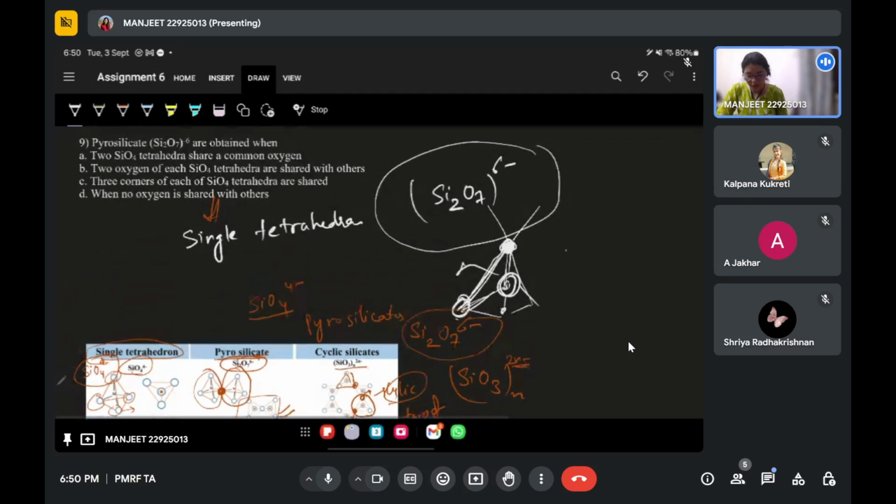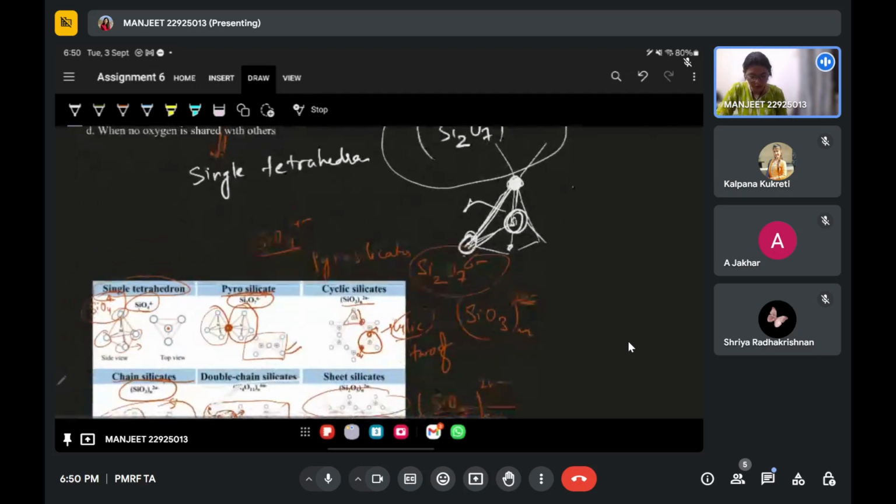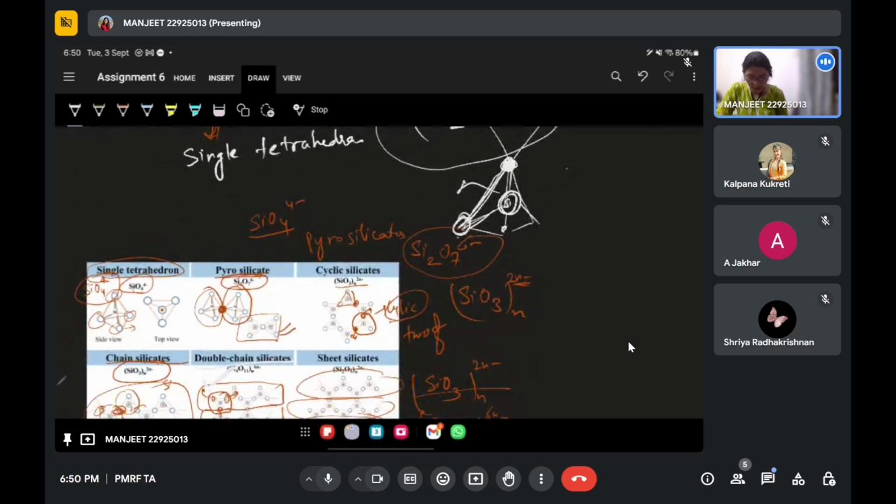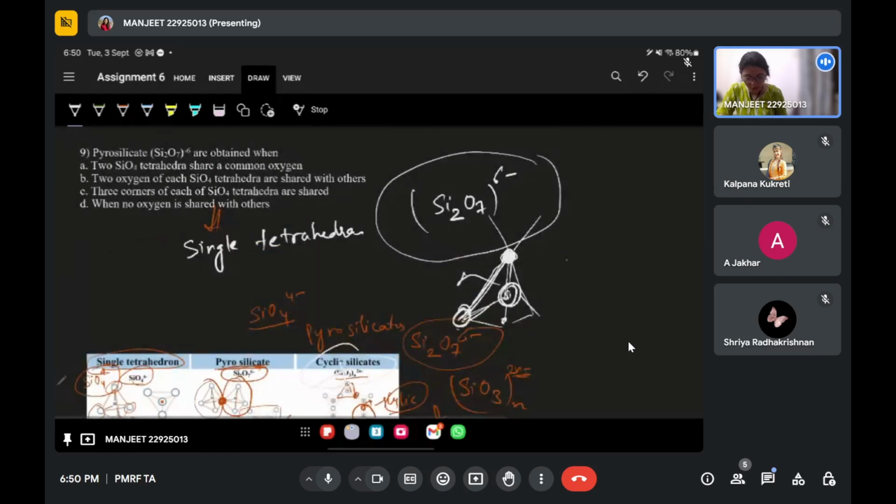If I look at the B part, that is given as two oxygens of each silicate. Yes, the two oxygens of each silicate are shared in the cyclic one or the chain silicate one. So this belongs to the cyclic or the chain silicate.